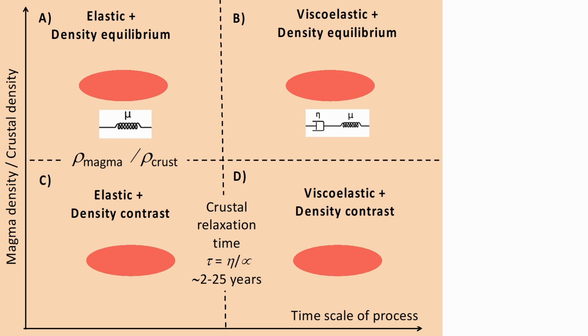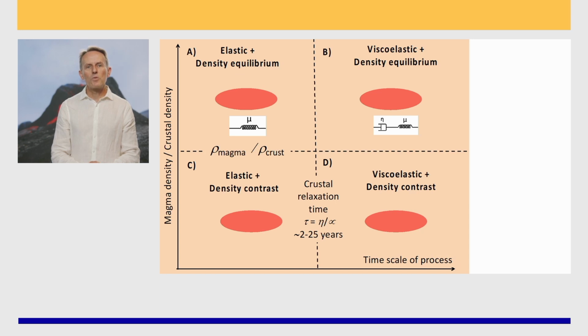If the time scale of the process considered is long, for example, magma recharging over decades, the Earth may behave more like a spring and a dashpot connected in series, as shown schematically in panel B. Following an initial response, there is a delayed later response that can continue to drive deformation for a long time. One issue here is that we do not know well the relaxation time, but it may be as short as years or decades.